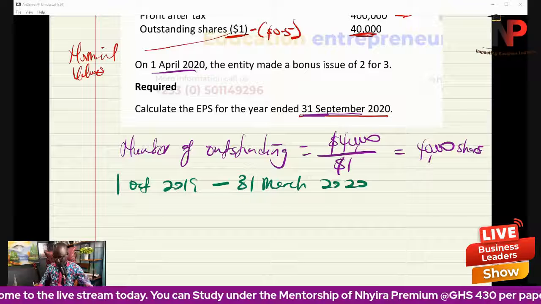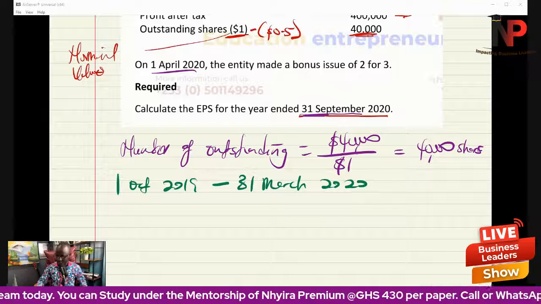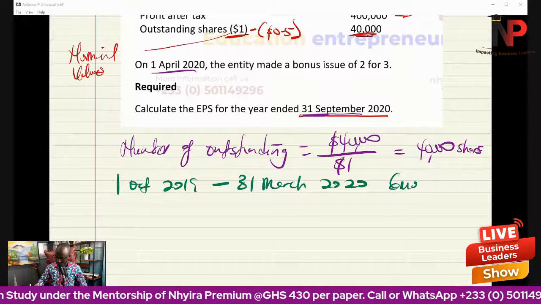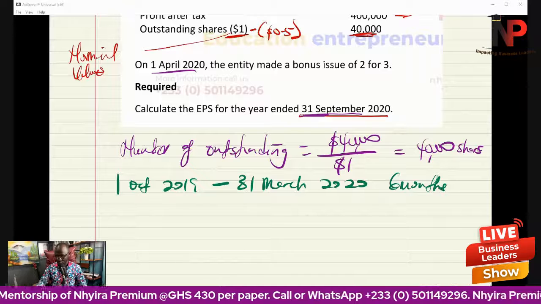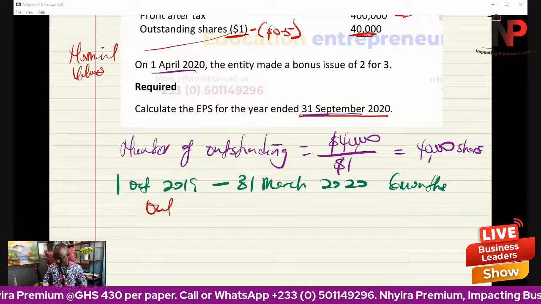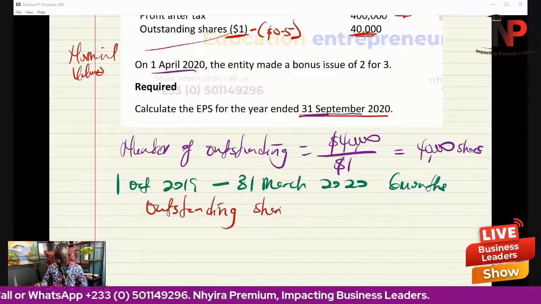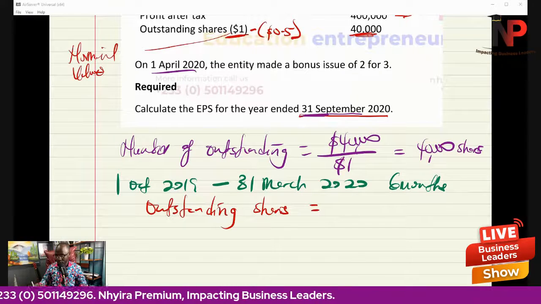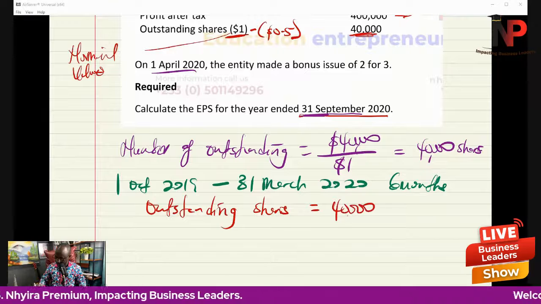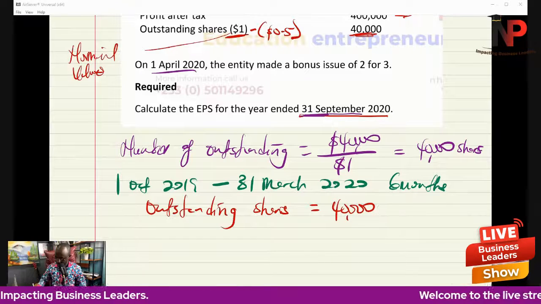October, November, December, January, February, March. That's 6 months. So for that 6 months, our outstanding shares was the 40,000. Sounds good? The 40,000 shares.